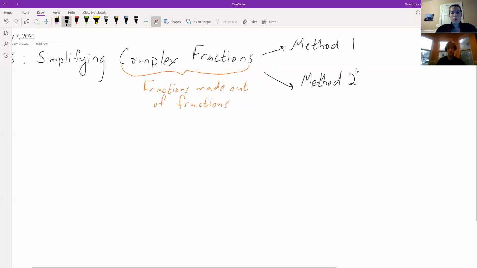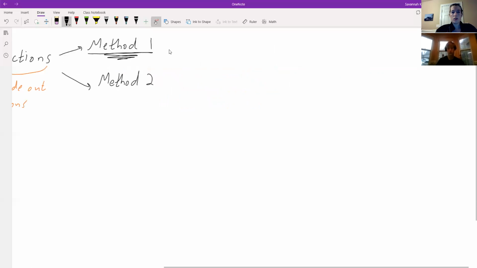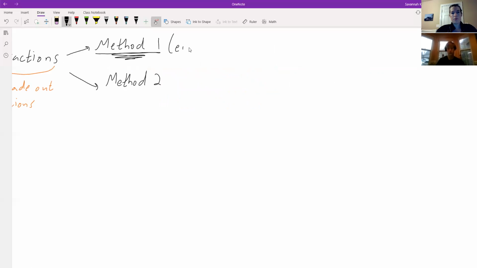I think what we will be doing is method 1 because it is clunkier, but it ties in better to what you know already about fractions.